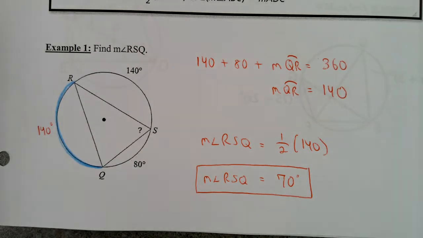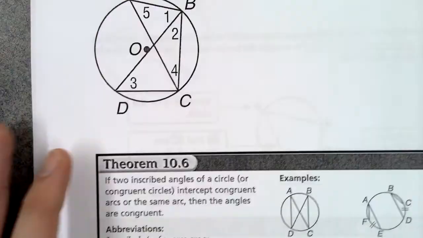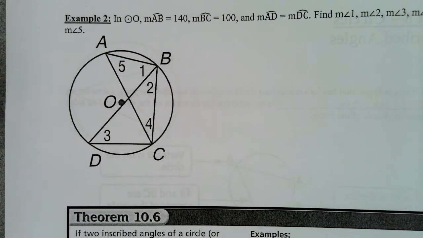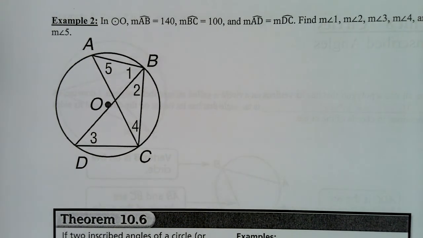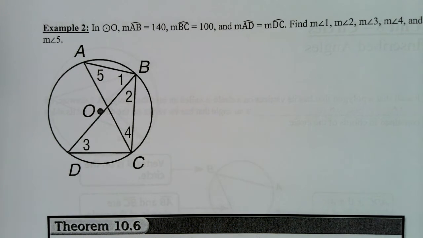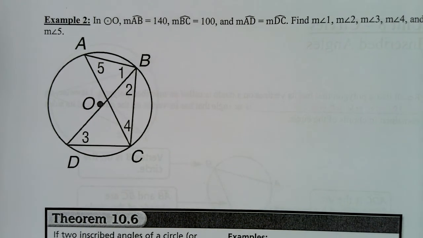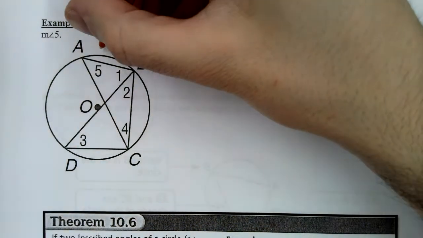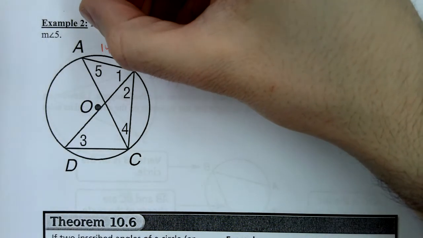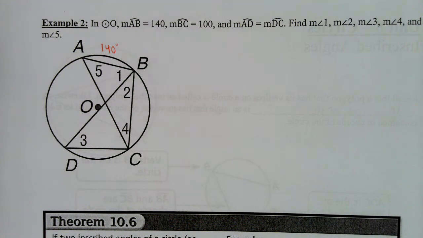Again, inscribed angles are half the arcs they intercept. Now, in circle A, the measure of arc AB equals 140, and the measure of arc BC equals 100.